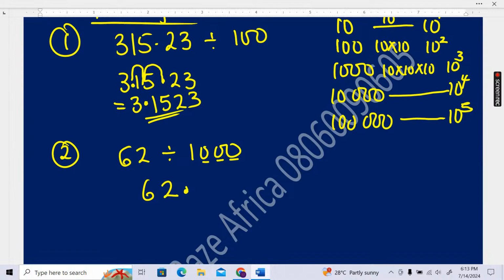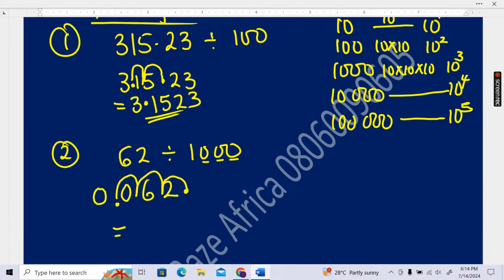So let's do it together. 1, 2, and 3. Wherever you stop counting, that's the right place for your decimal point. So you can see that I have written my decimal point where I stopped counting. For the empty space here, I'm filling it up with 0. And to my left side, I should have 0 written there.